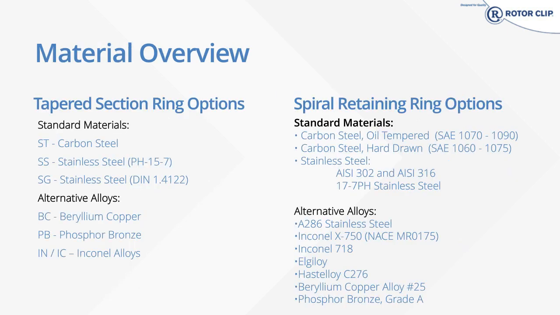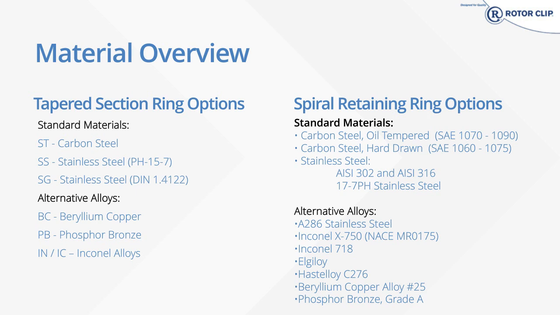Quick overview of our material naming convention. What we'll do is have our series SH, as we talked about earlier. A 1.5 inch ring would be size 150, and then we'd add a material code. So SH-150 SS would be the 15-7 stainless version.